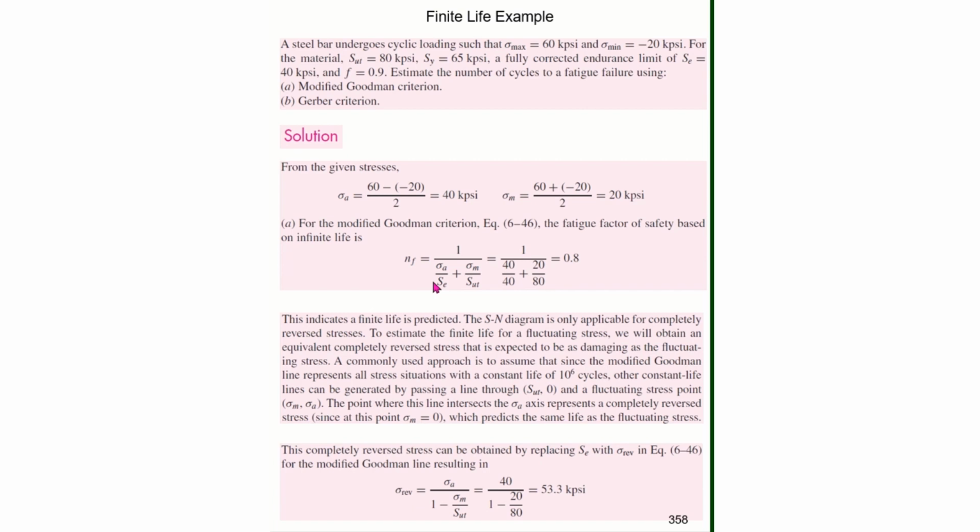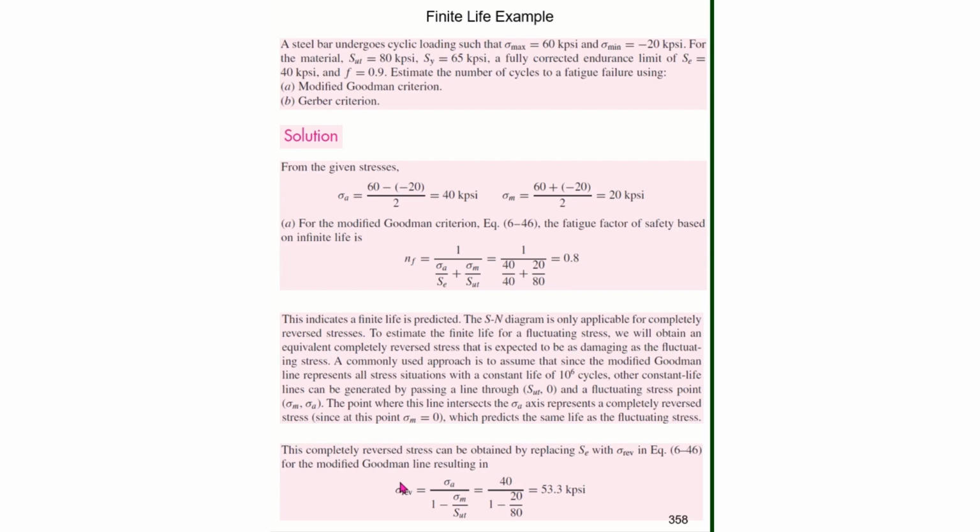So again, this is a very important point. If you have a safety factor in your Goodman that turns out to be less than 1, then you need to determine the number of cycles that the part will live for, and we do that by replacing the endurance limit SE with sigma rev, the equivalent completely reversed stress, which then lets us use an SN diagram.